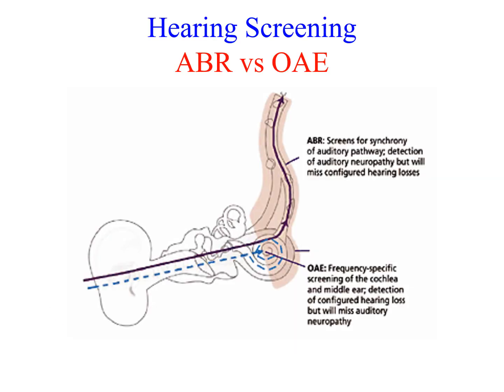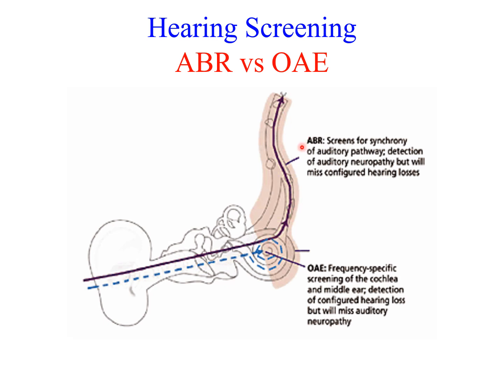So this slide shows the comparisons for hearing screening by using ABRs versus OAEs. For ABRs, it's plotted by the dark red line or purple line here. So the acoustic sound comes in, goes through the external ear, middle ear, cochlea, inner ear, and auditory nerve up to the brainstem area.